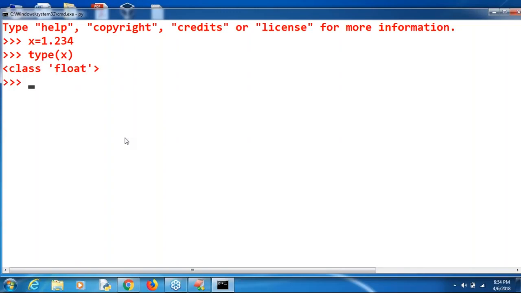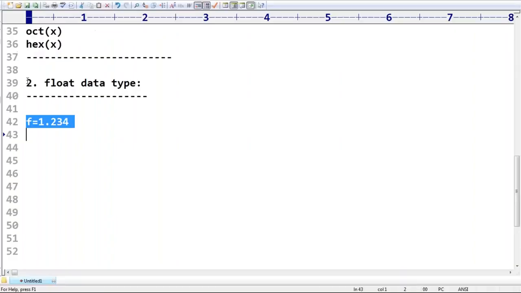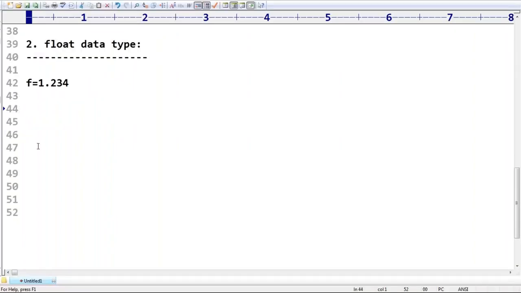Here double is not there, everything is only one. If it is a floating point number, float type only by default you are going to get. So if you want to represent a number with a decimal point, happily we can go for float type. Clear? Respond. Up to this is it clear?